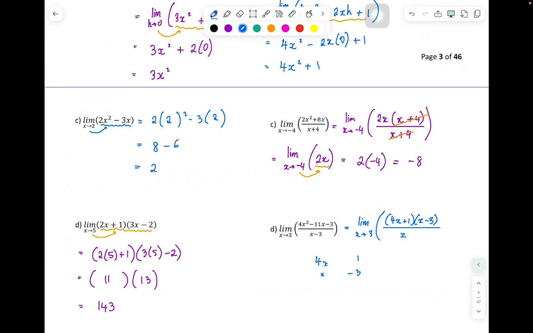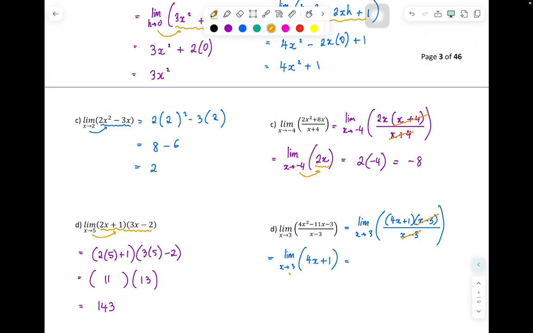Factorize this quadratic expression as you see best. Then simplify the expression inside the bracket. We are left with 4x plus 1.